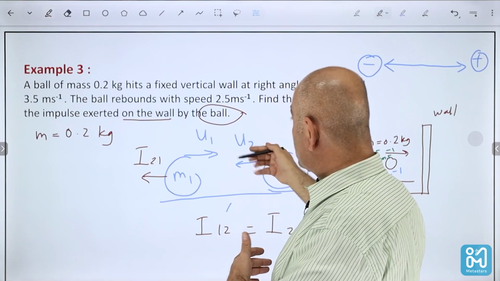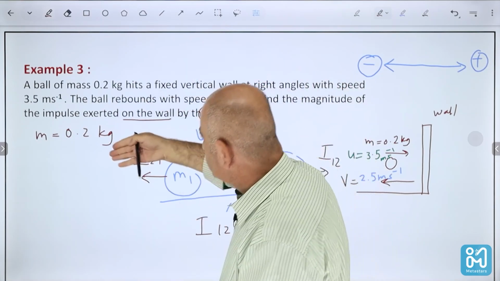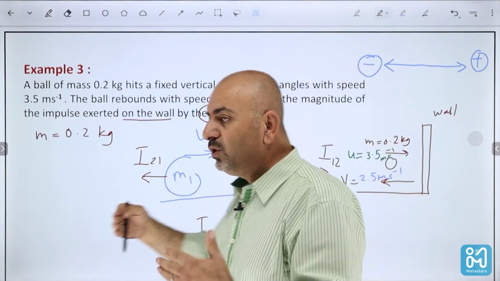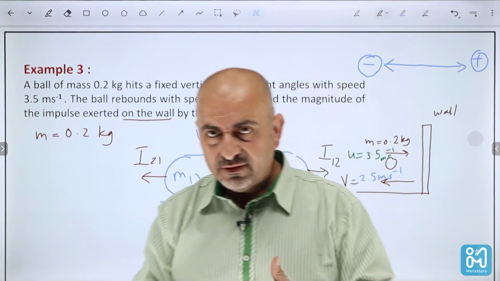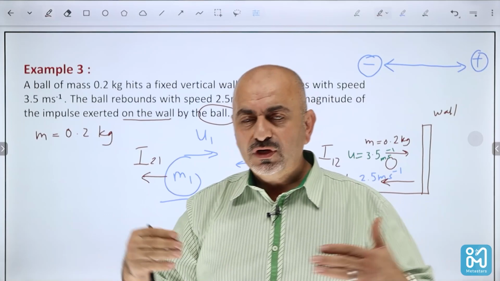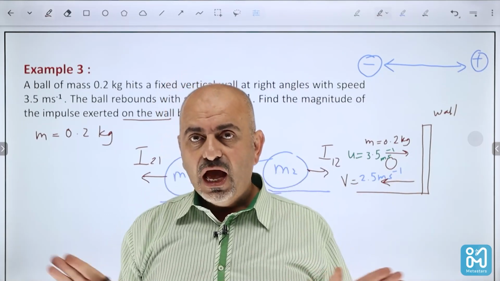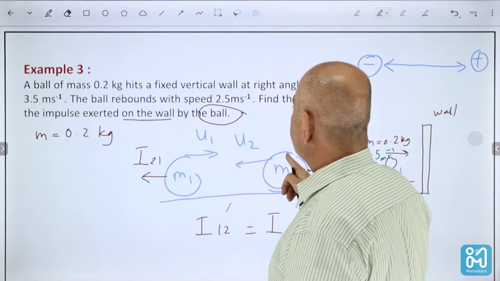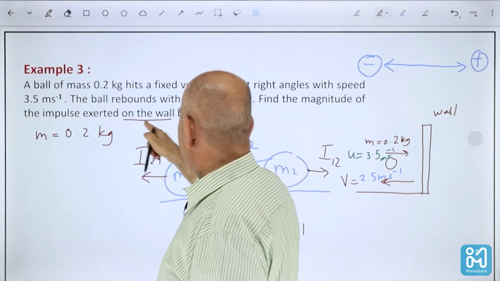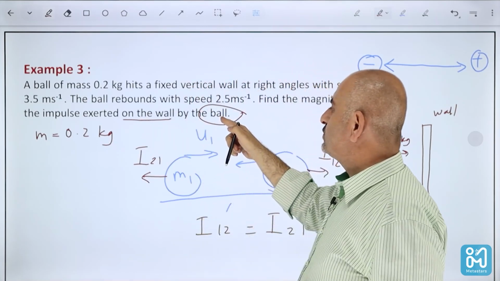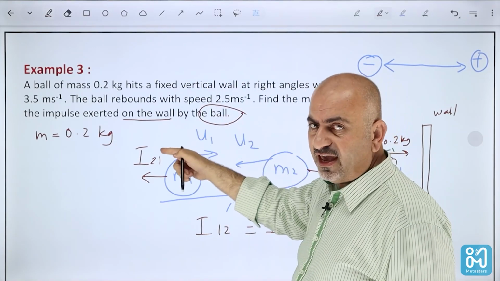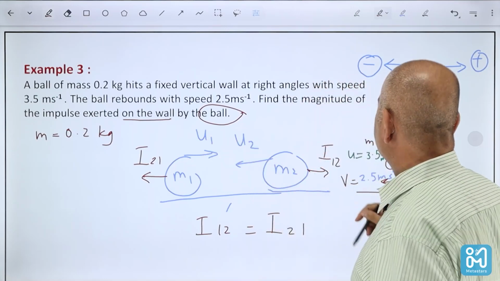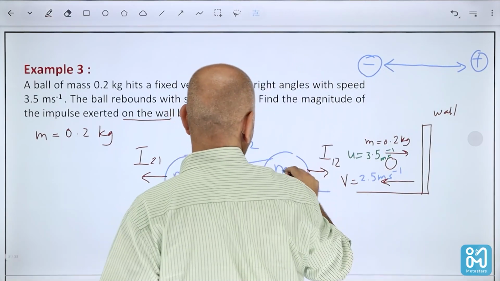For any two colliding objects, the impulse they exert on each other is equal in magnitude and opposite in direction. So if I want the impulse on the wall, I'll just calculate the impulse on the ball, and it would be the same. For each action, there is an opposite and equal reaction.